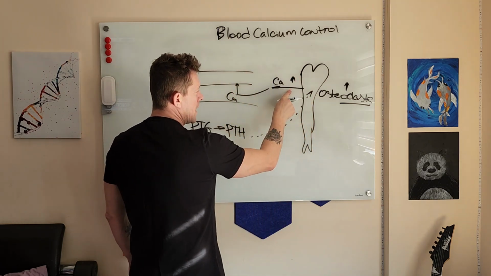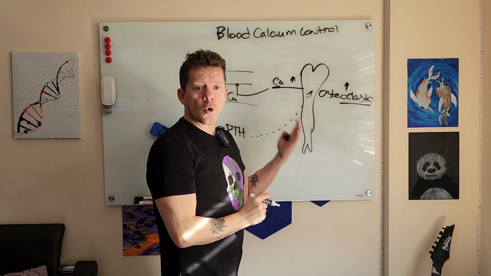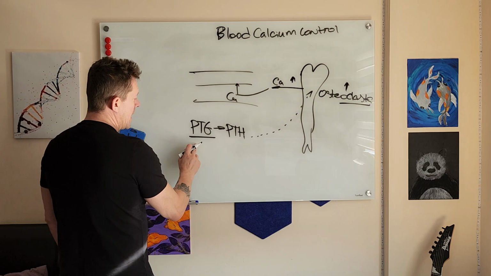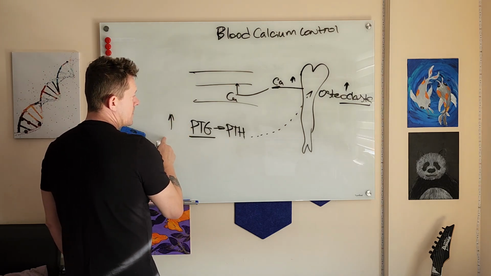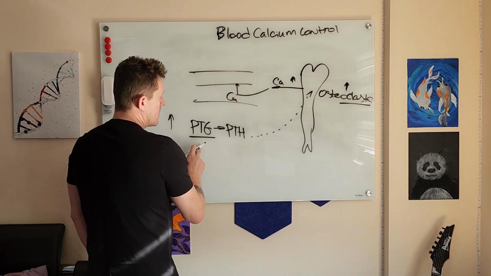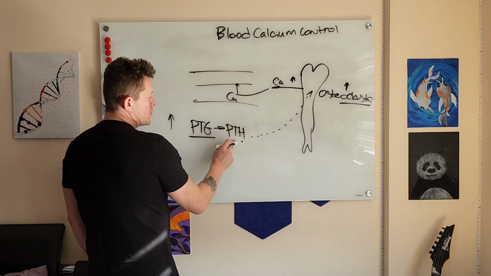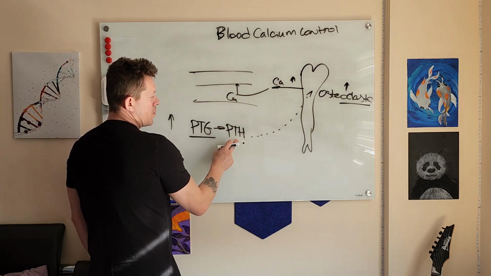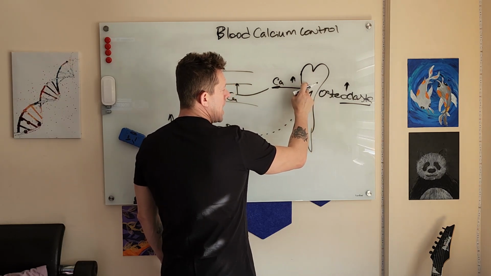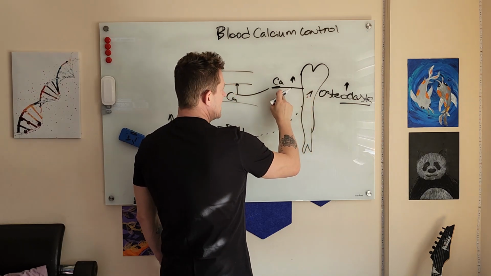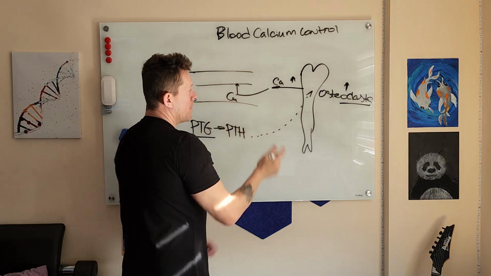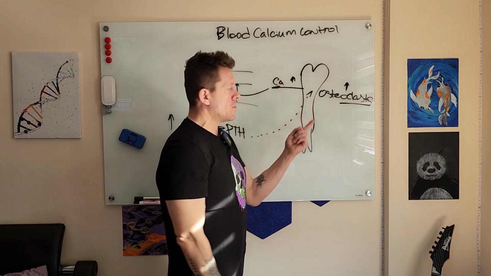By resorbing a lot of calcium, that can lead to osteoporosis. So if this gland is hyperactive for some reason, then you're producing too much of parathyroid hormone, acting on osteoclasts, resorbing, breaking down the bone, releasing calcium into the blood. Yeah, you will release too much calcium, but you also will be breaking down the bone.